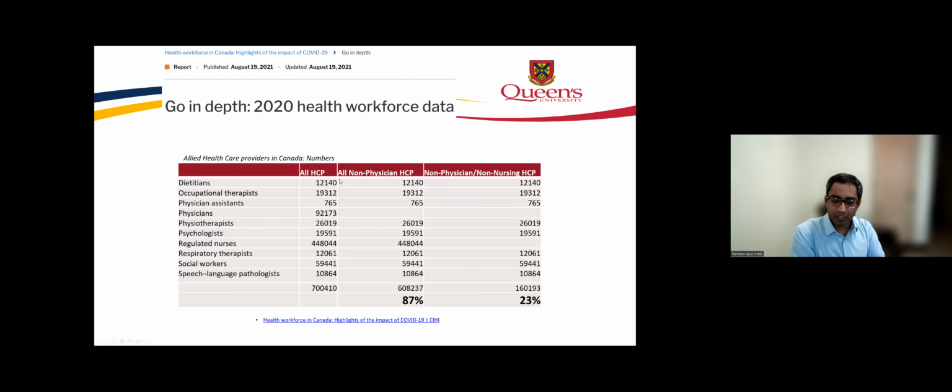Given that we work in a university healthcare setting, we wanted to explore the experience of a certain group of non-physician healthcare providers, which included dietitians, occupational therapists, physical therapists, psychologists, respiratory therapists, social workers, and speech pathologists. 23% of healthcare professionals in Canada belong to this category, and this excludes nurses and physicians. So it's a sizable number of our healthcare workforce.